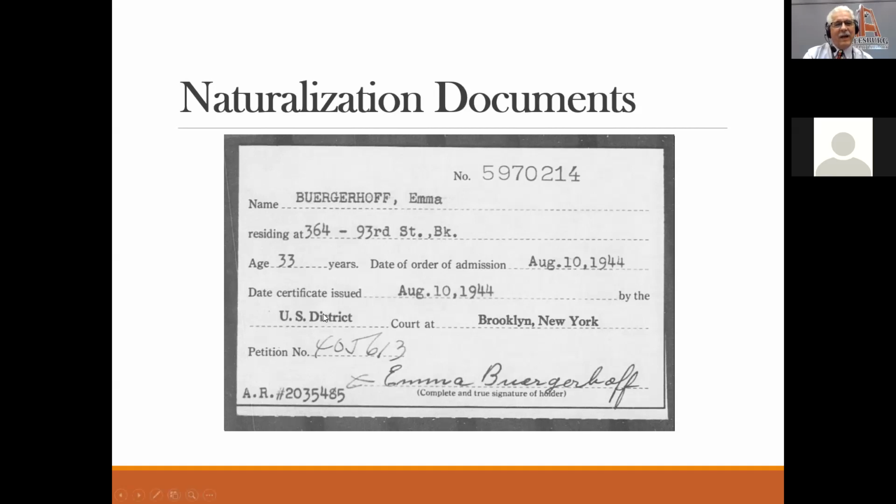And now there's a lot of numbers here, and I'll explain what they are. This is the actual certificate number right up here. And down here is the petition number, and you should try to get both, because there are some things in one that are not in the other.